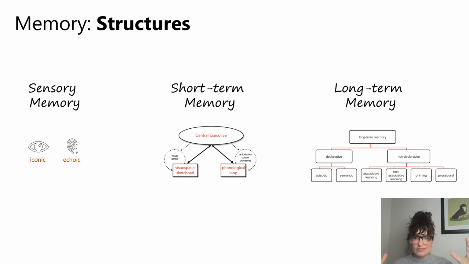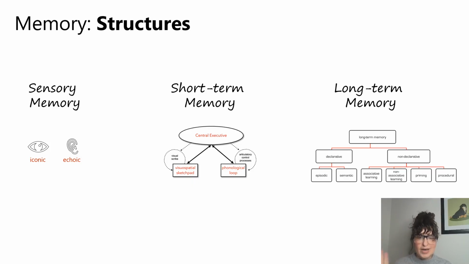All right, so just to give us an overview of where we are, we've talked about sensory memory and we've talked about iconic memory, recognizing that there are other sensory memory systems. We've talked about short-term memory and this further expansion into this concept of working memory and the different kinds of components of working memory. Now we're talking about long-term memory, declarative and non-declarative.